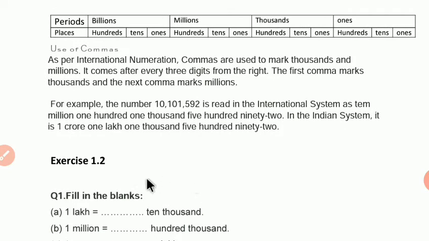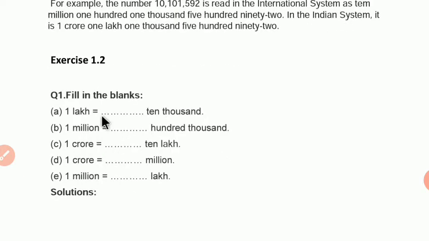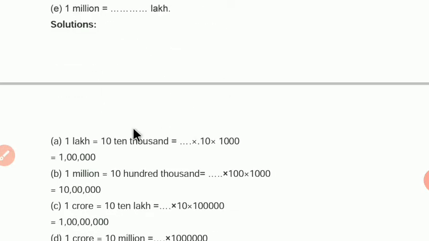Now we will proceed to our next exercise, exercise 1.2. Question number 1. Fill in the blanks. Here 1 lakh is equal to how many 10,000? 10,000 means first we write 10 as a number, 10 into 1000.